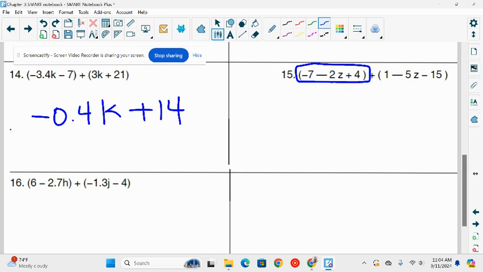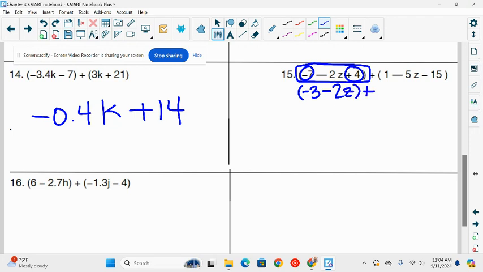Is there something we can put together to make our life easier? We can put those constants together. We can rearrange this and do negative 7 plus 4. So in my calculator, what is negative 7 plus 4? -3. So I'm going to rewrite this as negative 3 minus 2z.